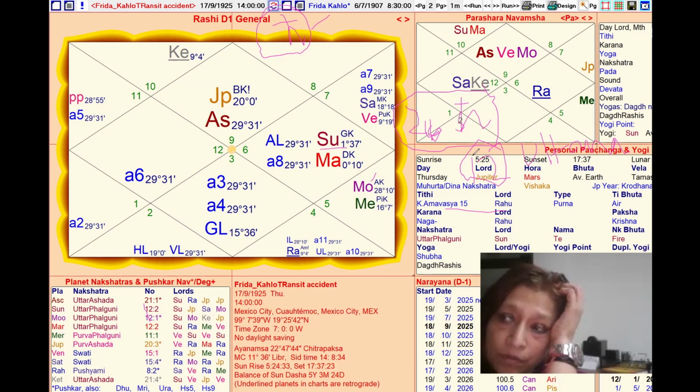Say that again. Your moon nakshatra is 16, isn't it? Yes. Then you have 11. Then you have 8 to Pushya, and it's 19 as I calculate.